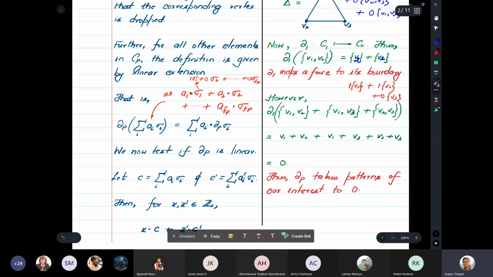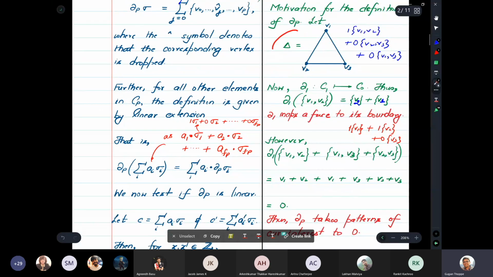Let's look at this simplicial complex over here. It has 3 vertices, V1, V2 and V3, and it has 3 edges, V1V2, V2V3 and V1V3. We saw that if we gave this special p-chain, or one-chain, as input to ∂_1, we got this as the output.